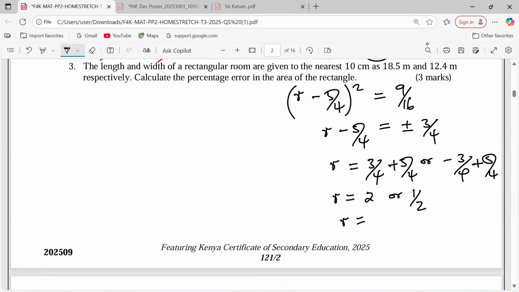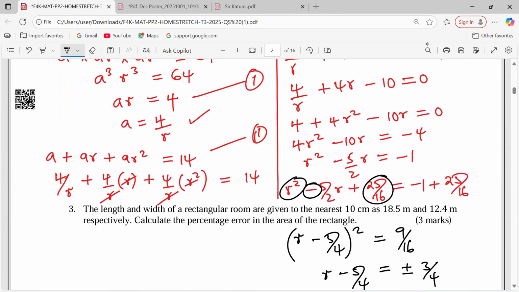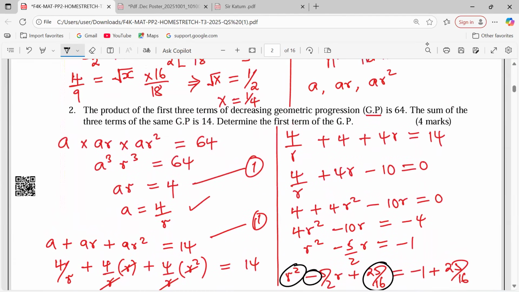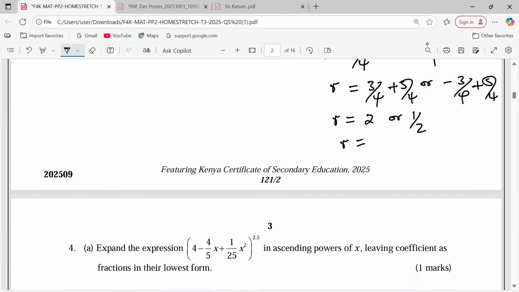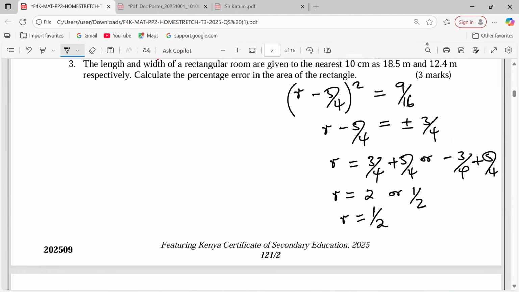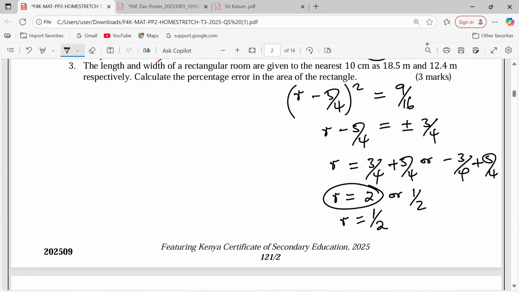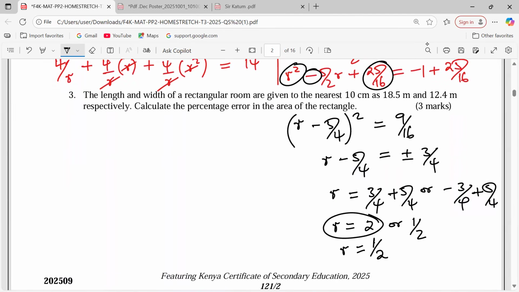So we are getting 2 values, but when we get back to the instructions, we are told that this is a decreasing GP. It means that the value of r is a fraction which is smaller than 1. Therefore, we settle for half because the geometric progression is decreasing. If we apply 2, it will become an increasing GP. So the final answer should be half.